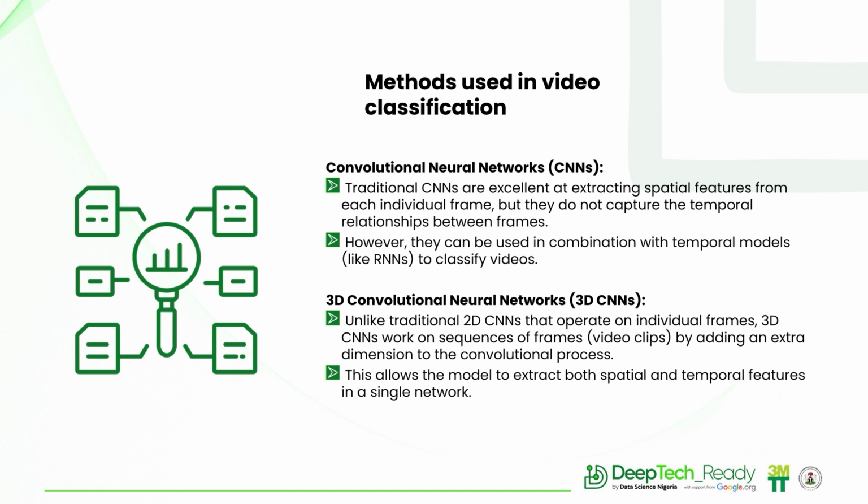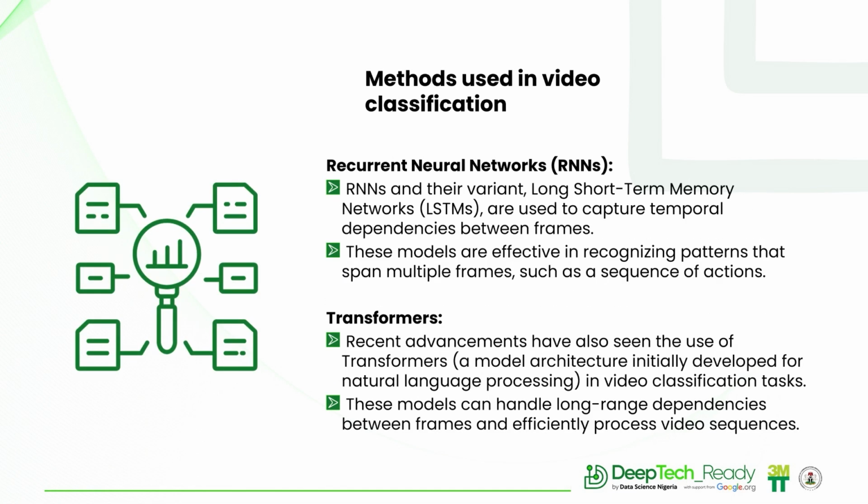Then we also have recurrent neural networks. These are the kind of models used in video classification. RNNs and their variants, that is LSTMs, are used to capture temporal dependencies between frames. They are used a lot when you want to build a CNN-LSTM system.